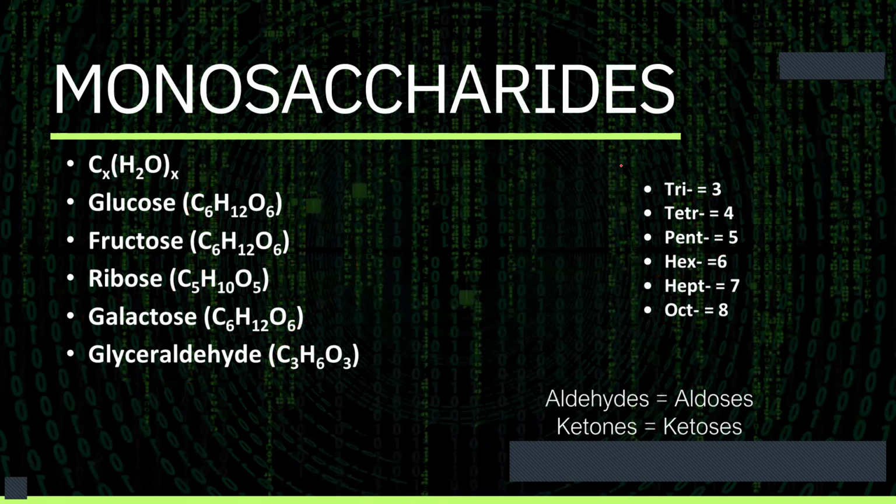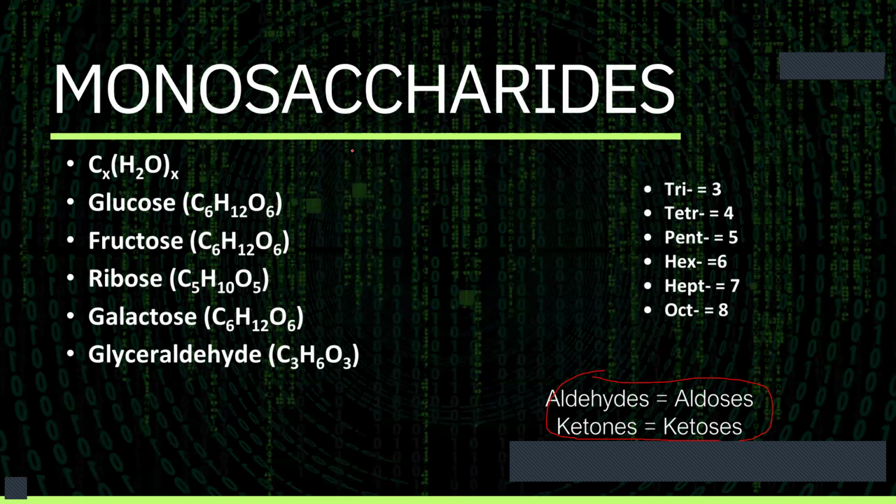Now, another part of understanding sugars is to know the difference between an aldose and a ketose. An aldose has an aldehyde functional group, whereas a ketose has a ketone functional group. Now, these terms can be put together. For example, a six carbon ketose.